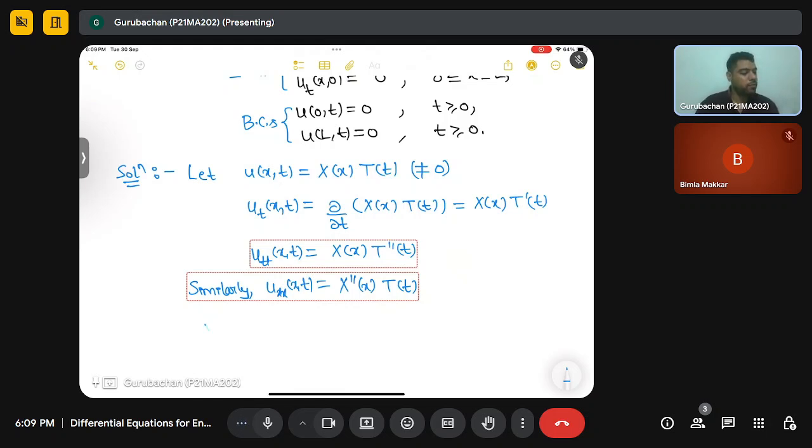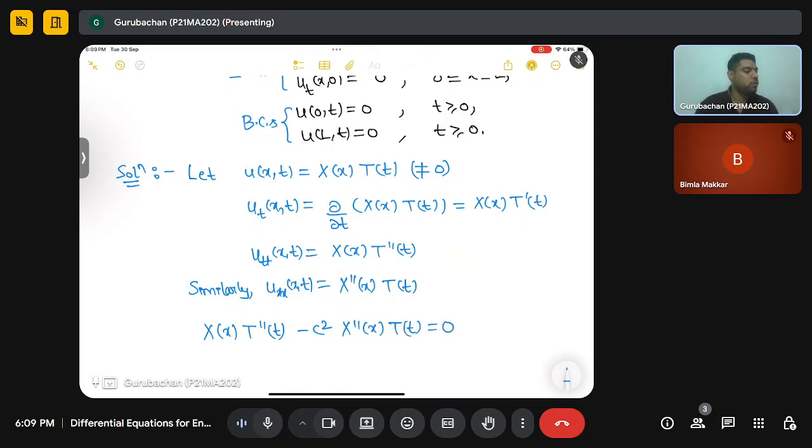It will be X(x)T''(t) minus c square X''(x)T(t) equal to 0.